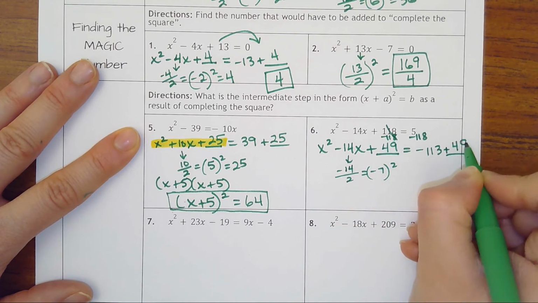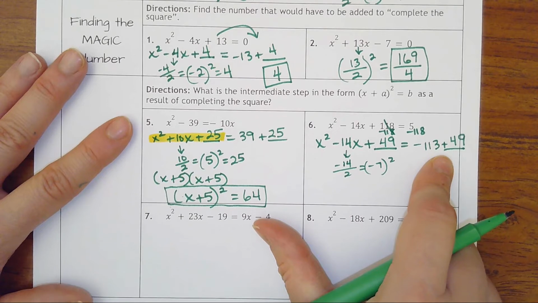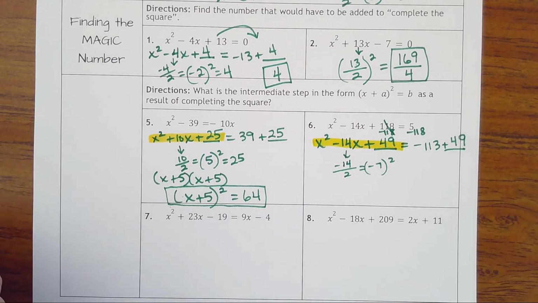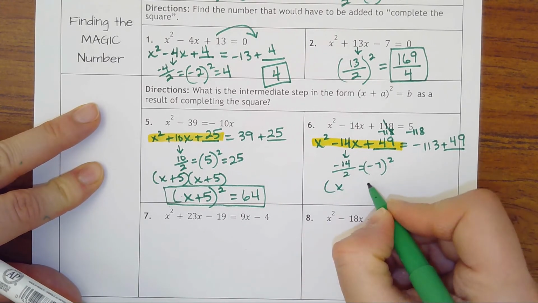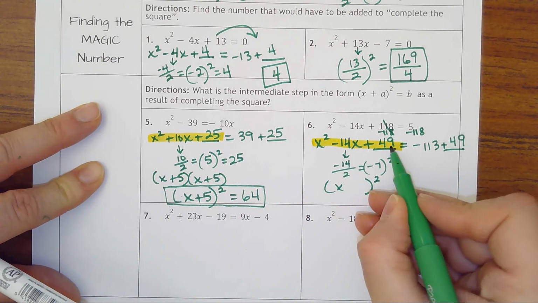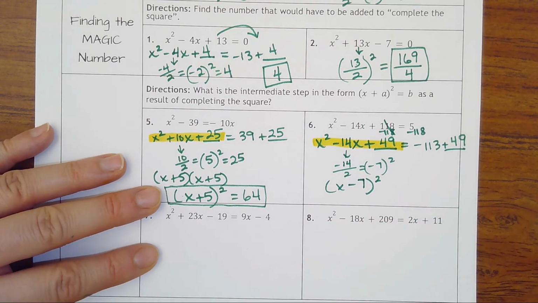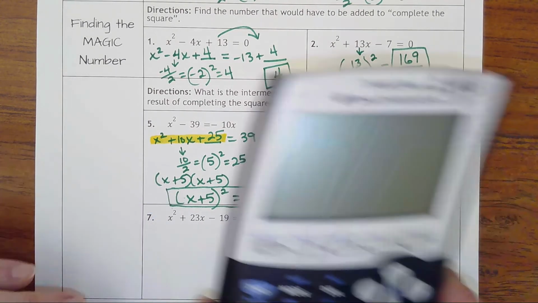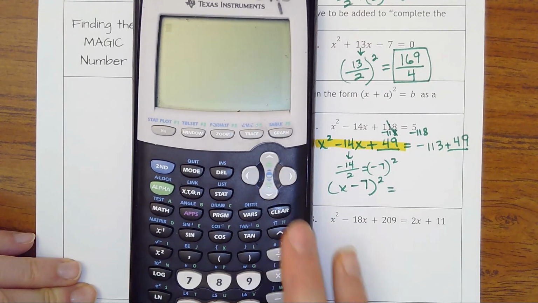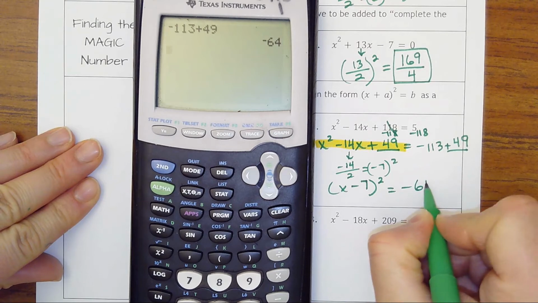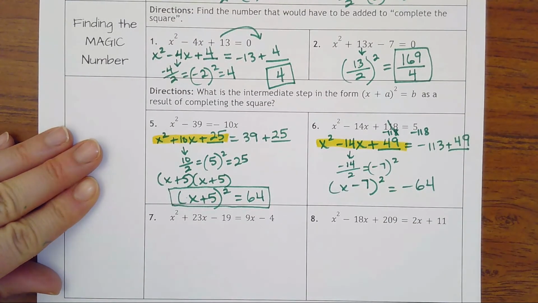You have to add that on both sides to keep your equation balanced. I should be able to now factor this. So I'm going to go ahead and write it's something squared. So what two numbers times themselves make 49 that add to make negative 14, negative 7 and negative 7. Negative 113 plus 49, I don't know, negative 64. And that's as far as you would have to go.